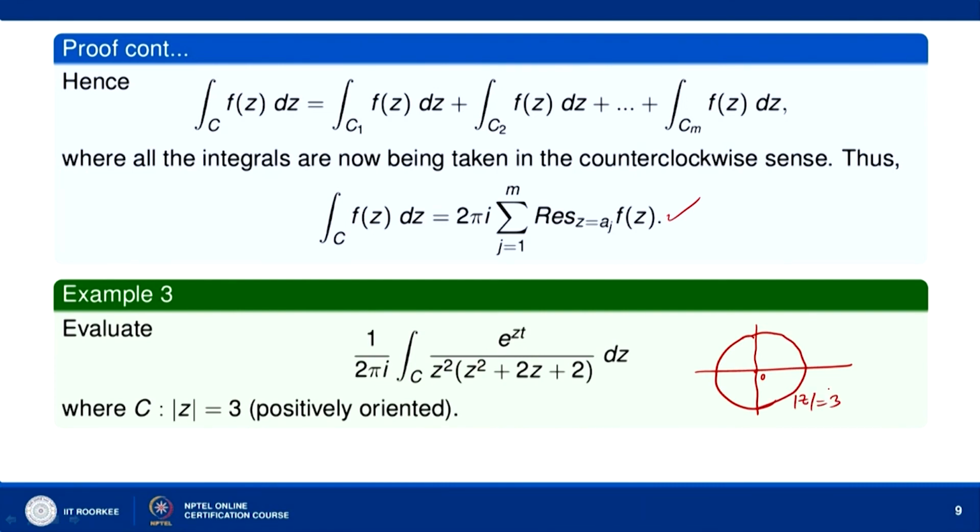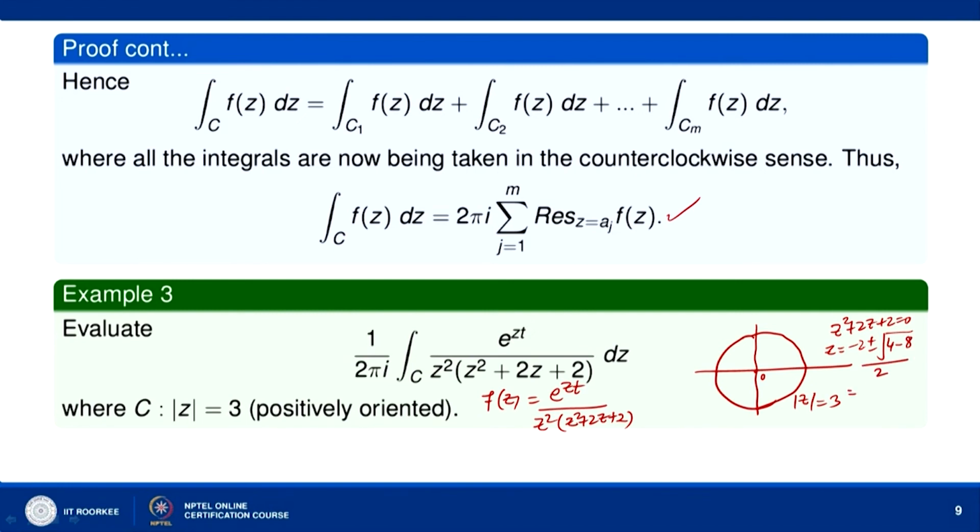Okay. Now, let us notice that here f(z) is equal to e to the power zt over z square into z square plus 2z plus 2, and if you put z square plus 2z plus 2 equal to 0, then you get z equal to minus 2 plus minus under root b square minus 4ac, that is 4 minus 8, divided by 2.